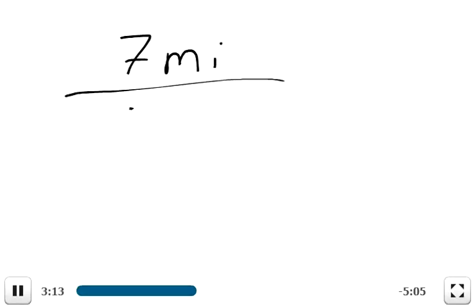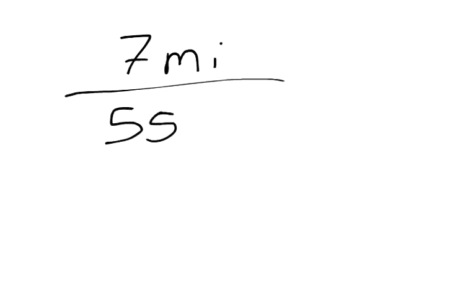Now we have to take the slower car. He traveled the same distance, 7 miles, at a different velocity of 55 miles per hour.